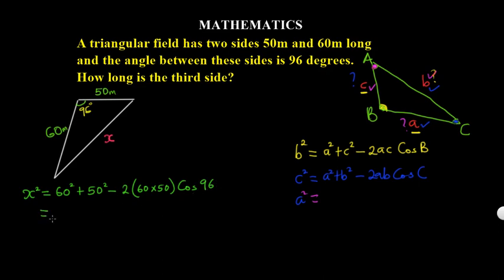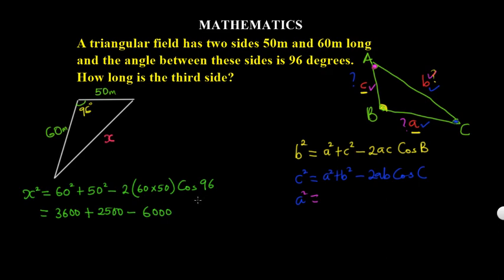Moving on, we can use our calculator to solve this. That will be 3,600 plus 2,500 minus 2 multiplied by 3,000, that's 6,000, then multiplied by the cos of 96.